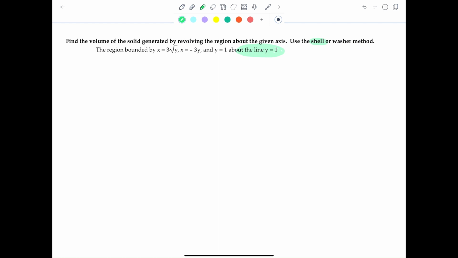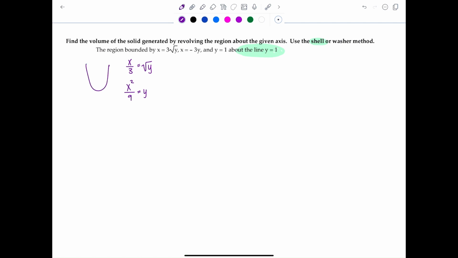X equals 3 rad y. Think about it. That's just half of a parabola. I'm not going to solve for y in terms of x, but I want you to see how I knew that: x over 3 equals rad y. If I square both sides, then I have x squared over 9 equals y. So y equals x squared is a parabola.